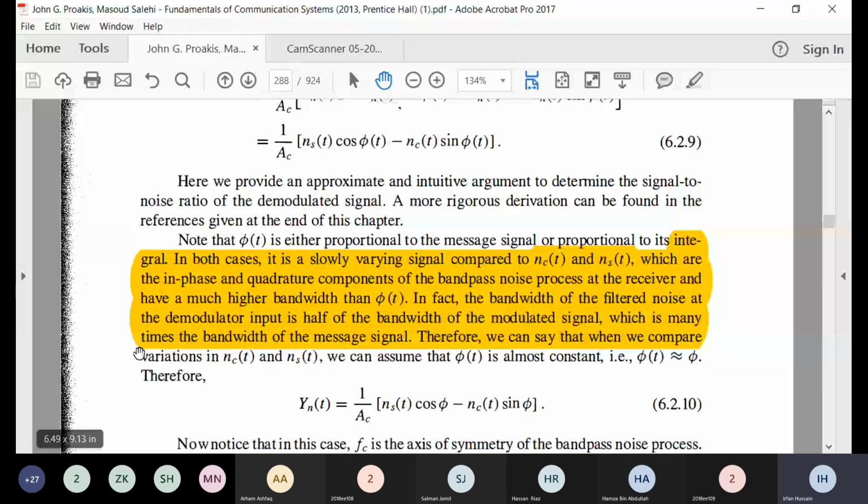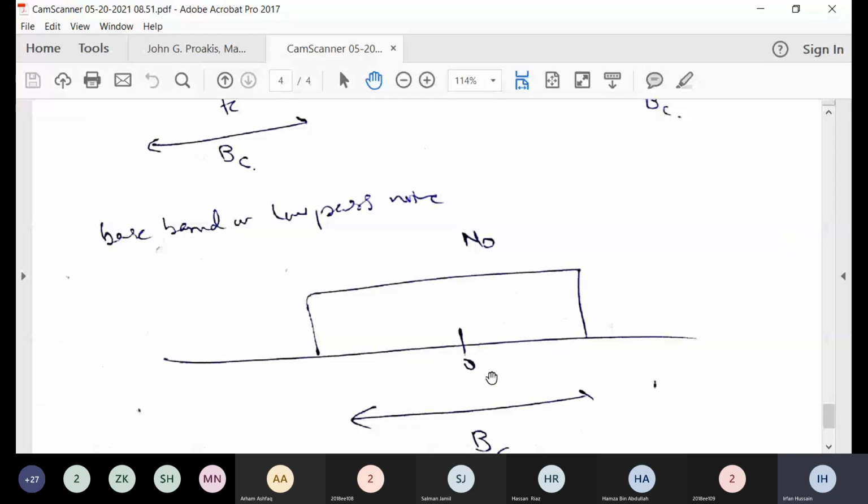In fact, the bandwidth of the filtered noise at the demodulator's input is half of the bandwidth of the modulated signal. This we have just seen. Here the bandwidth is BC, but once you make it low pass, its bandwidth becomes half.